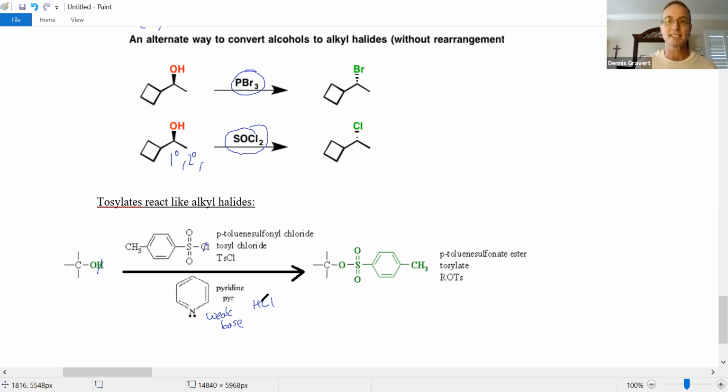It's called an acid scavenger. If you forget the pyridine during the reaction and only mix these two, you get really low yields. What happens is the reaction gets started, you get the sulfur attaching to oxygen to make the product, p-toluenesulfonate ester, or the tosylate group, or you can just abbreviate it as OTs.